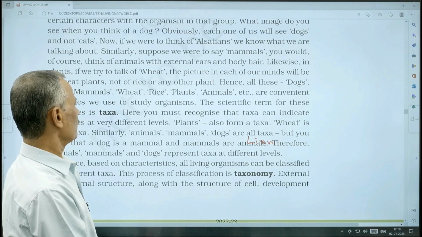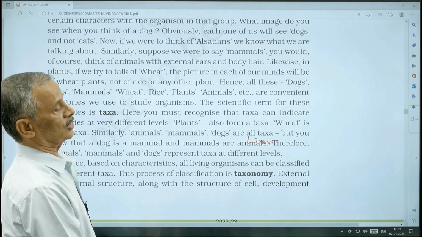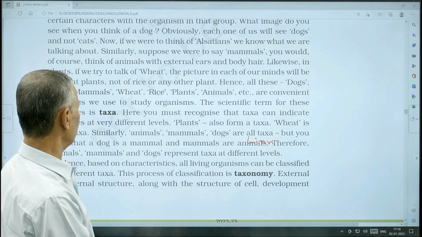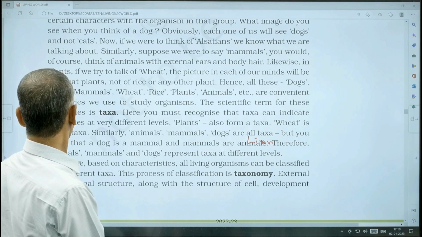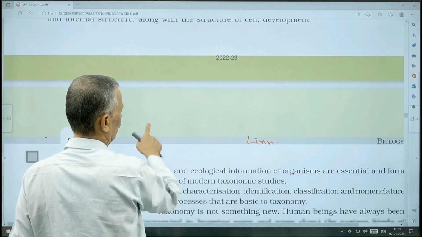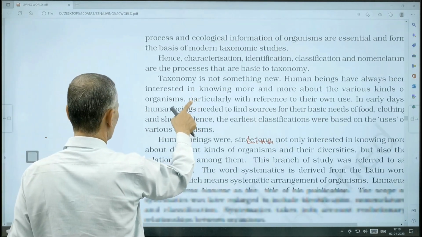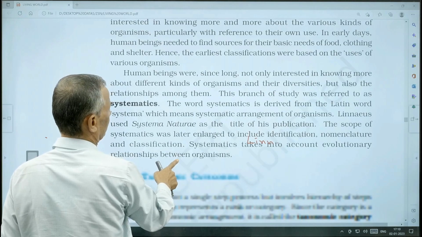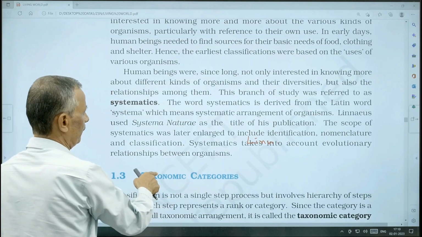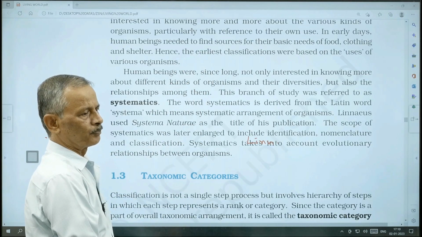That's why they are called obligate categories. Obligate categories. These 7 obligate categories include 7 taxa starting from species to the kingdom.